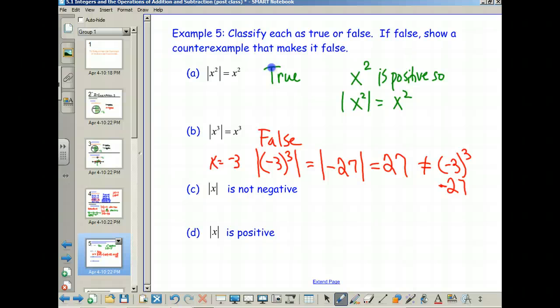Absolute value of x is non-negative. Is that true? That is true. Absolute value of x is positive.